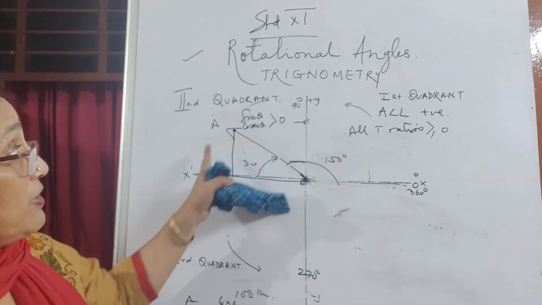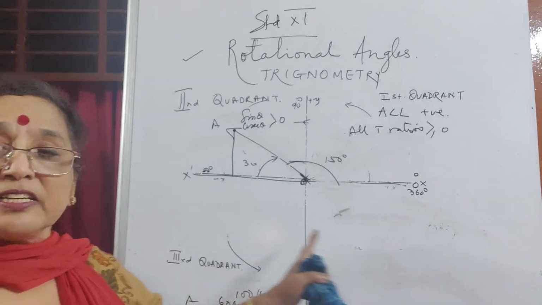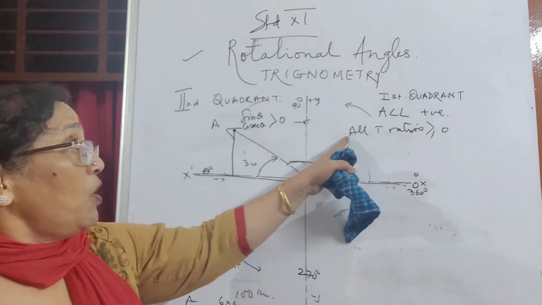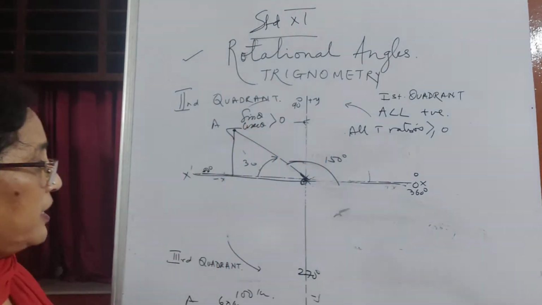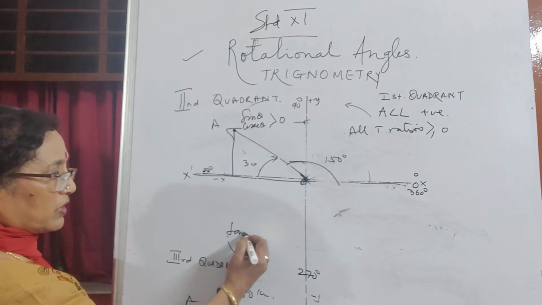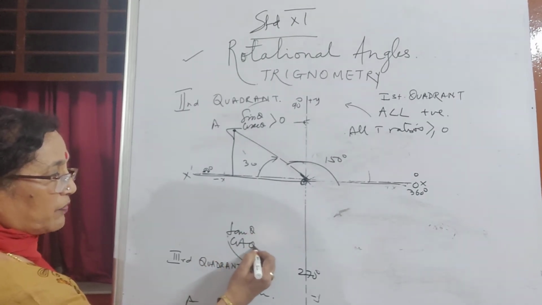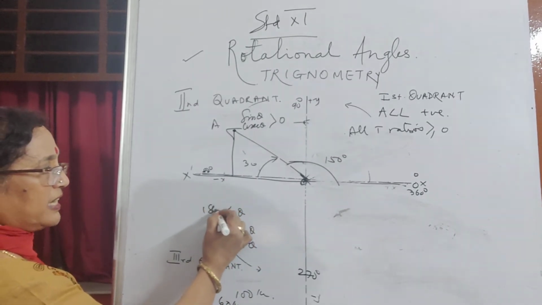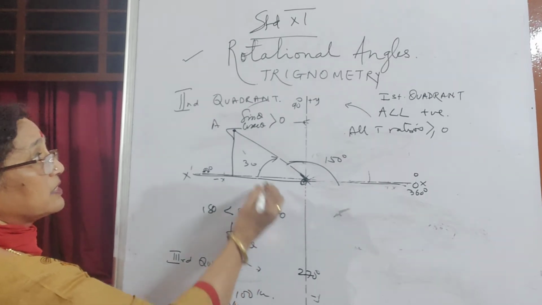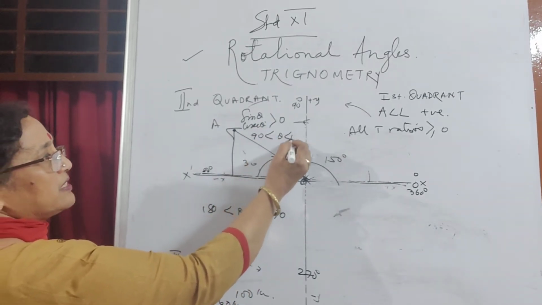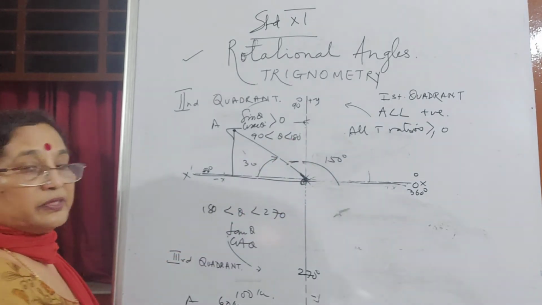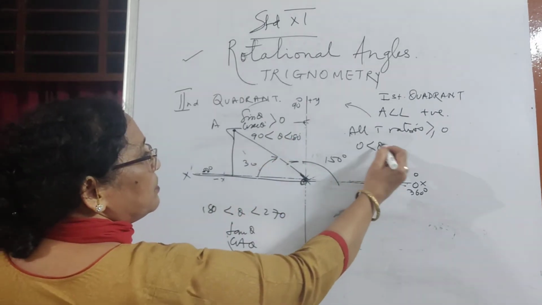So now the first example. All this is for sine, and obviously cosec, and here tan and cot, where theta is greater than 180 but less than 270. What is theta here? Greater than 90 but less than 180. Here theta is between 0 and 90.